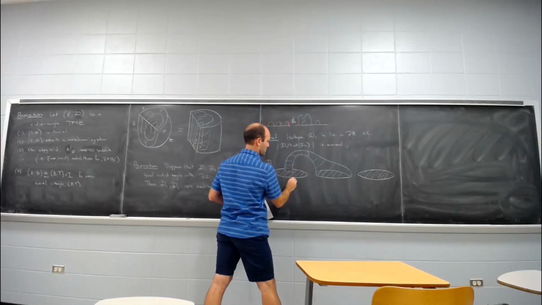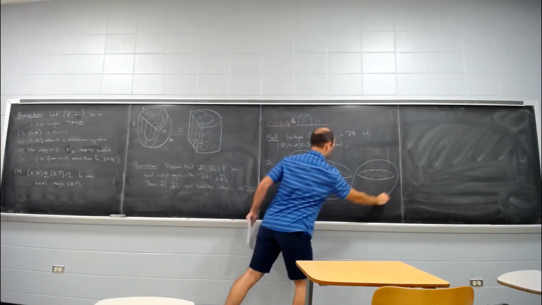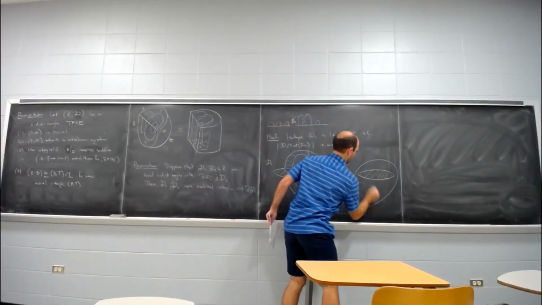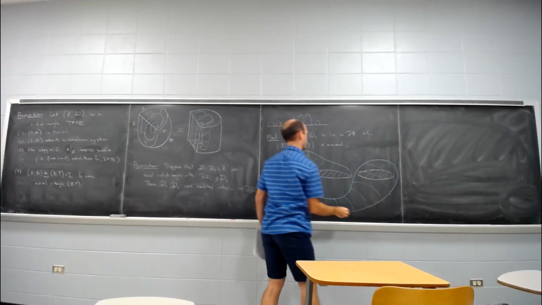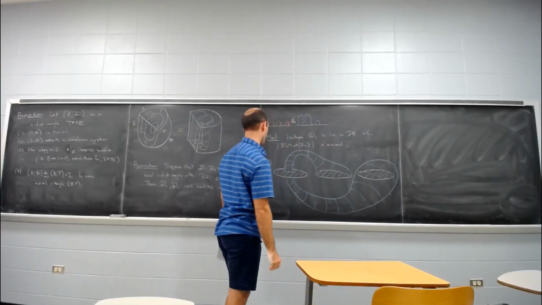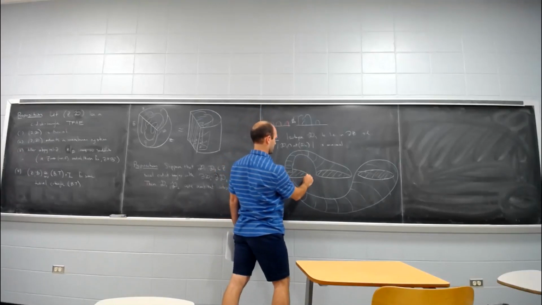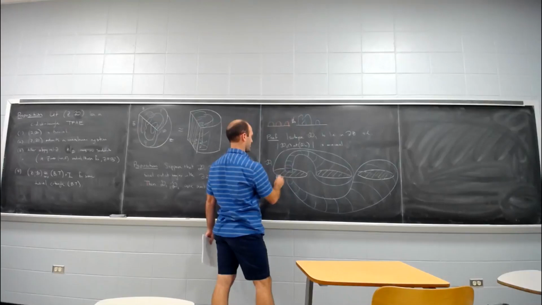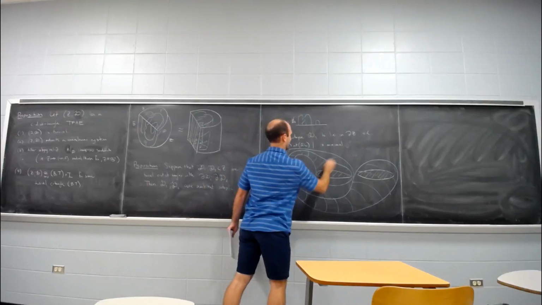Okay, so maybe it does something like this. And then, guess what this one then has to do? I get myself into trouble here if I'm not careful. Okay, so that one goes around there.